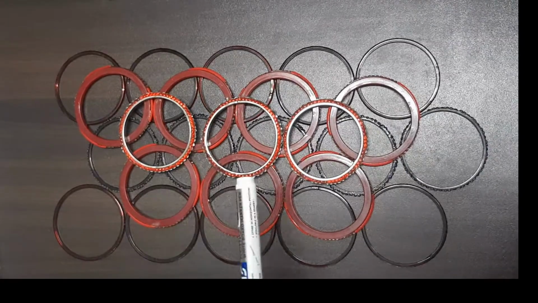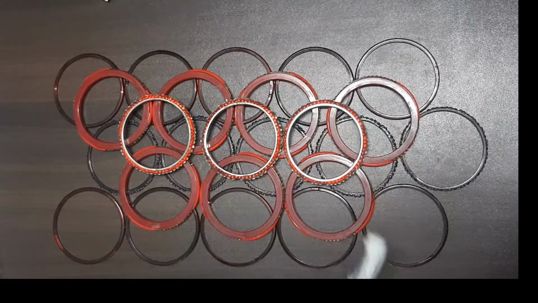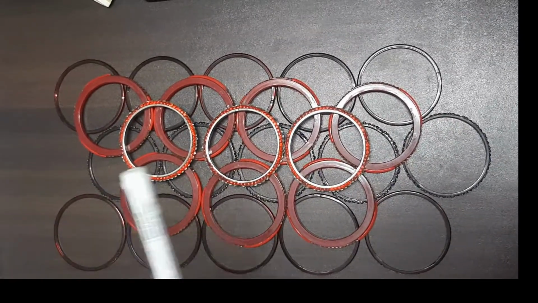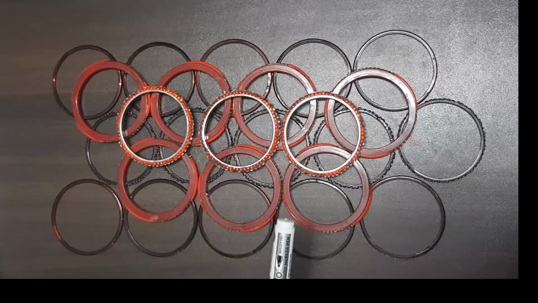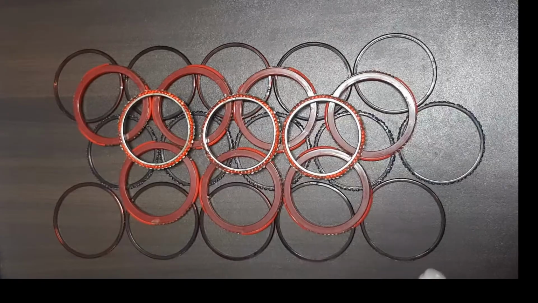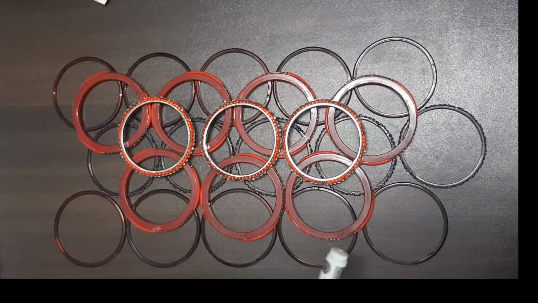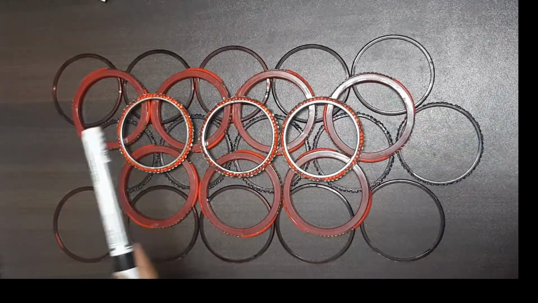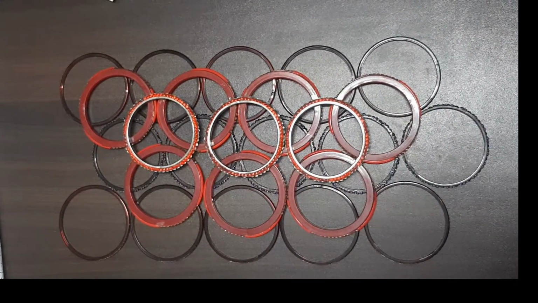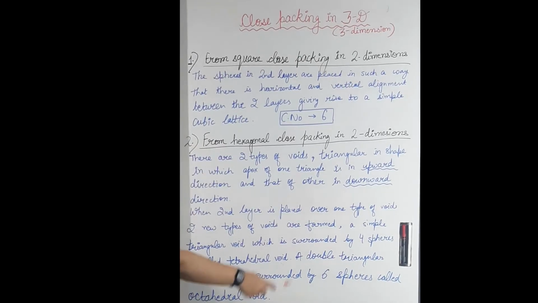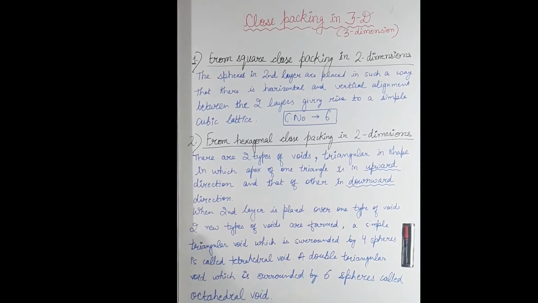So it is called the ABC type of arrangement, or cubic close packing or face centered cubic. Examples are iron, nickel, copper, silver, gold and aluminium. The coordination number is 12 in this packing also. Guys, you may note it down or take a screenshot of it.